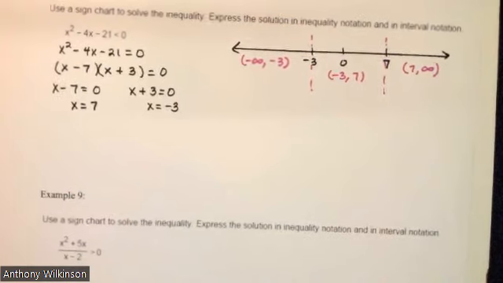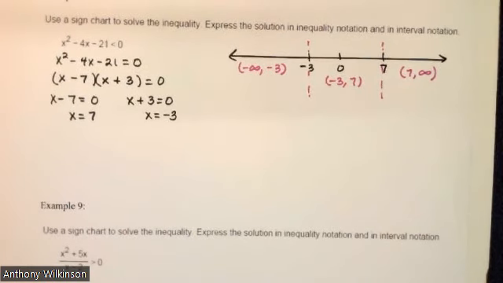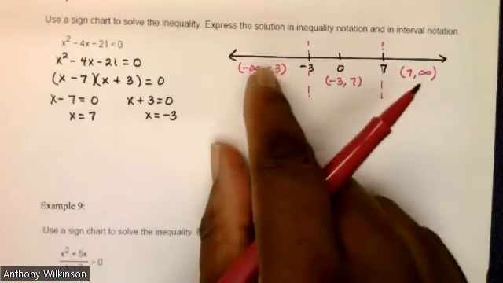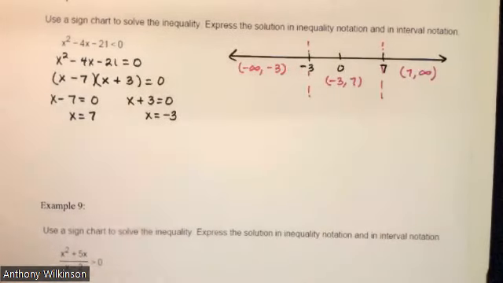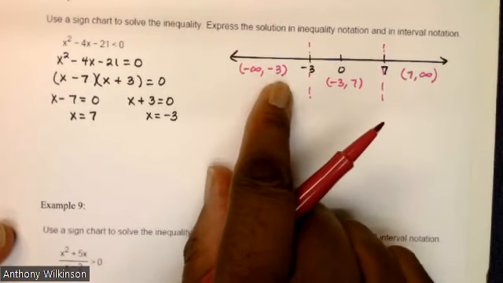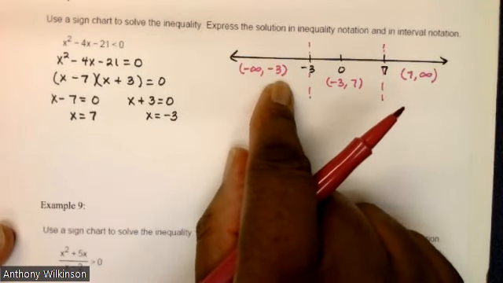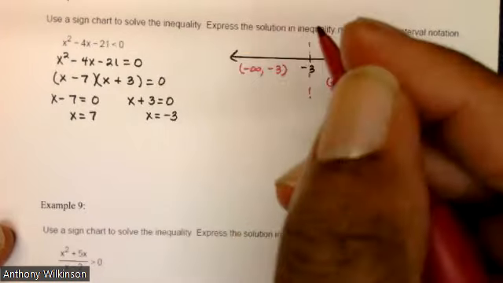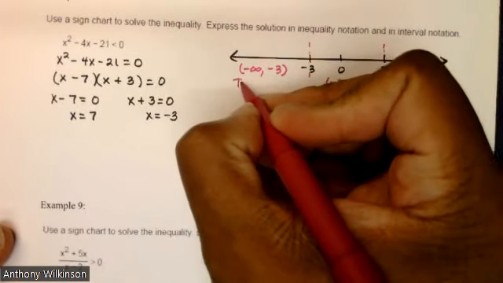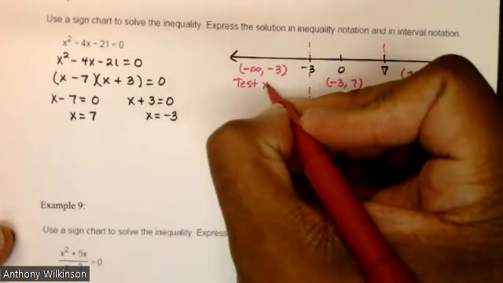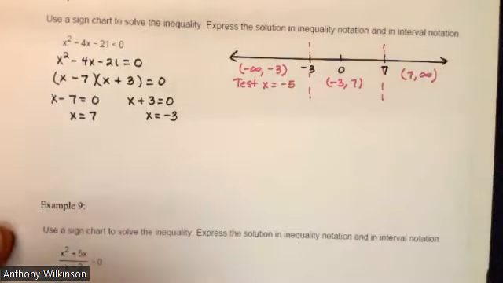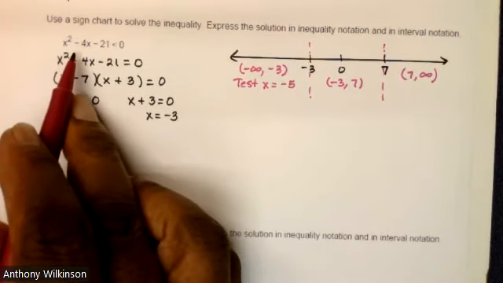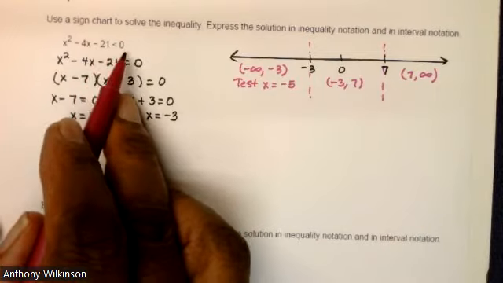Now for each interval, I'm going to select a test point to determine whether the values in that interval will be positive or negative. So for negative infinity up to -3, I would pick a test point like x equal -5. So I'm testing x is equal to -5. Now the original inequality is x squared minus 4x minus 21 is less than 0.